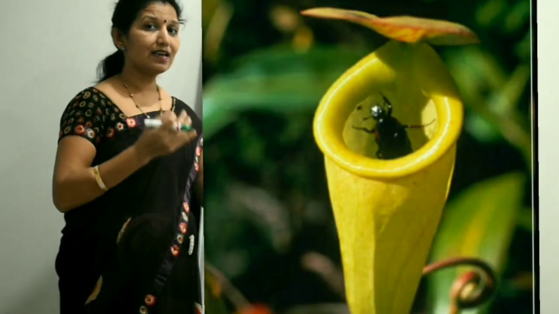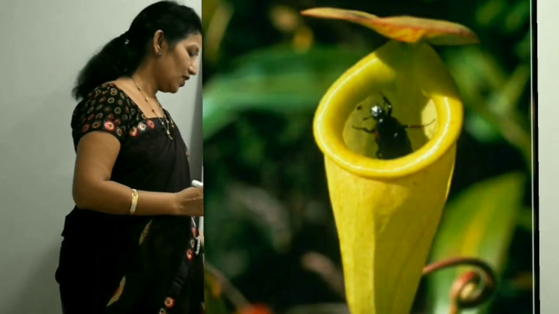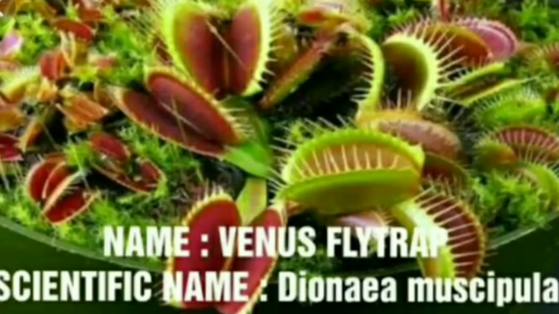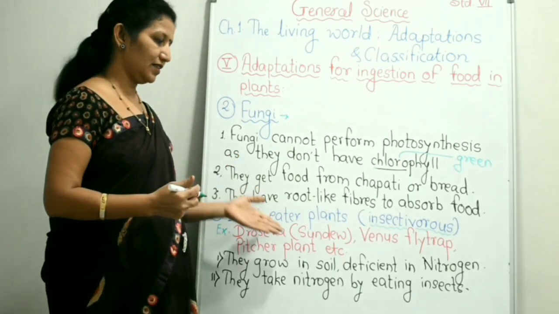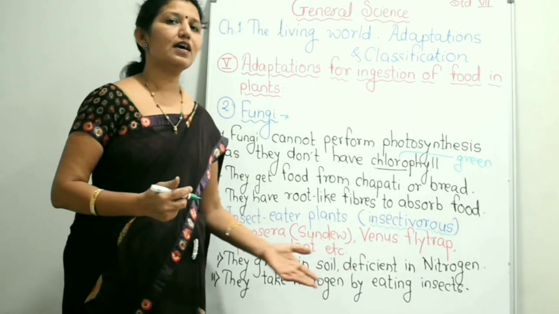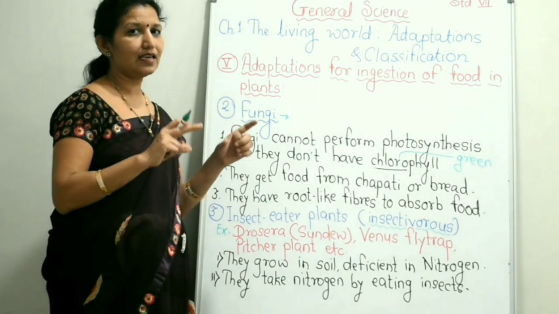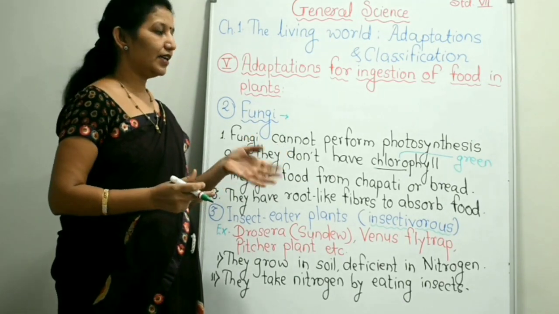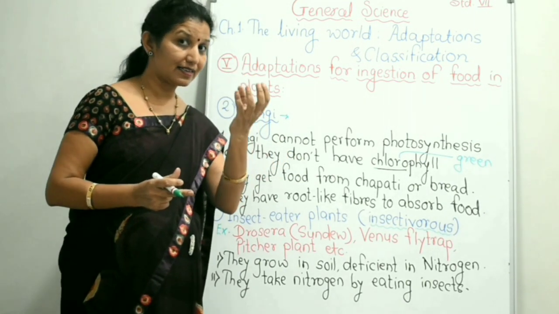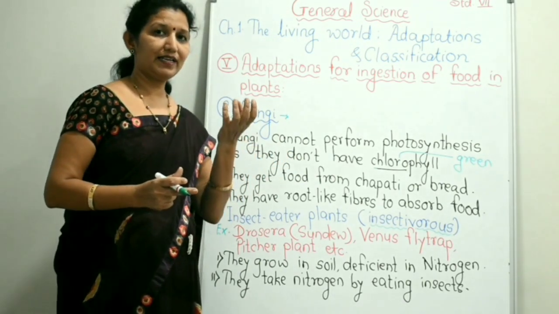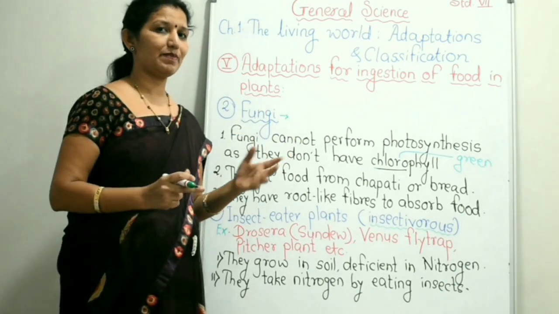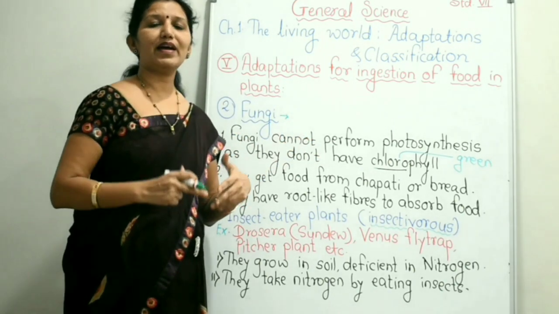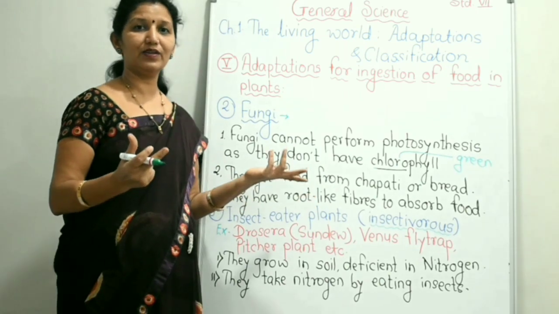When the insect sits on that pitcher or that Venus flytrap plant, at that time what happens? There is some modification in that structure. I will show you in the slides also, and in slides we will see what the structural modification of that plant is. It attracts the insects by its aroma, by its fragrance, by its attractive appearance, by its colorful look.